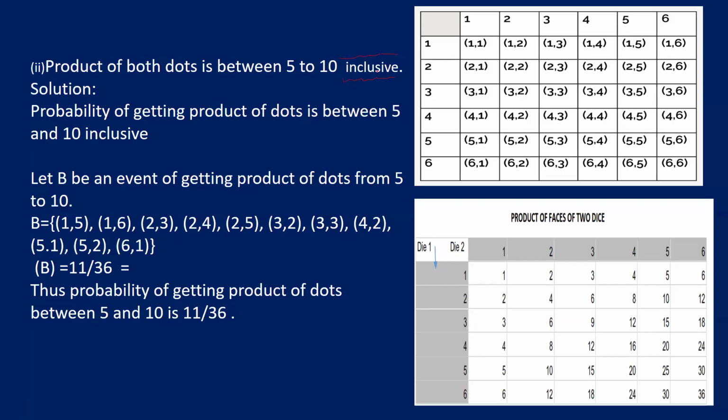The concept of between 5 and 10 is that 5 and 10 will not be there, meaning we will count the numbers 6, 7, 8, 9, not 5 and 10. Endpoints will not be included. But the book has taken it as if they have included them. So that's why, just a moment.